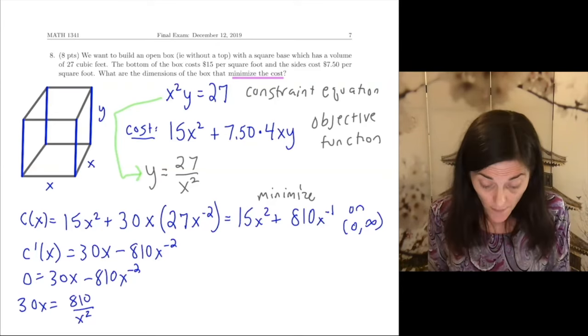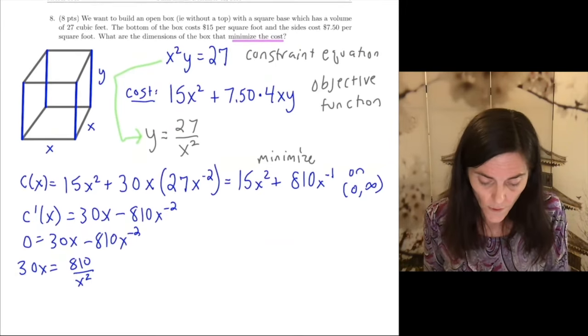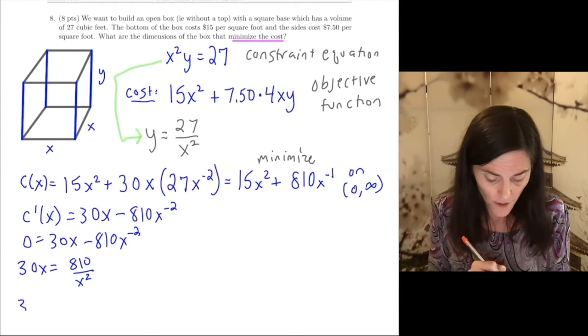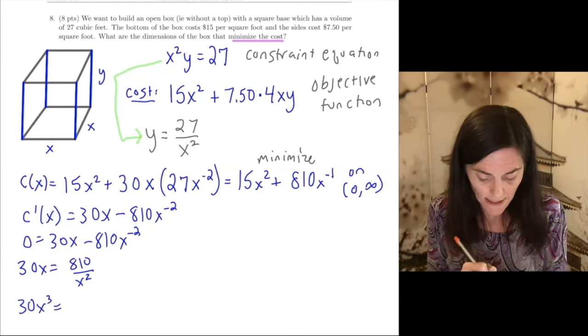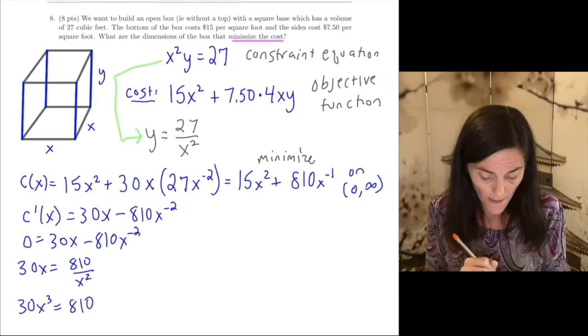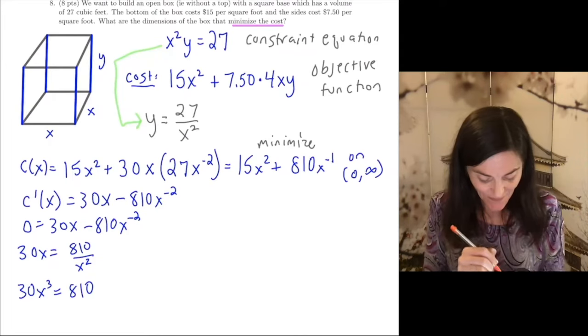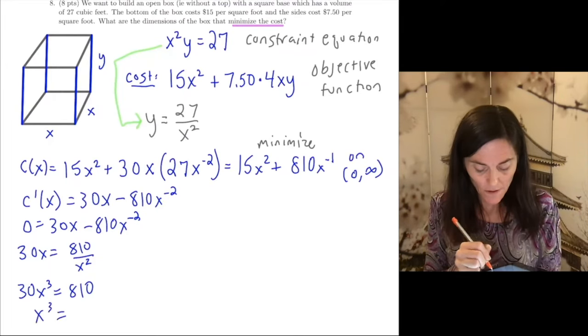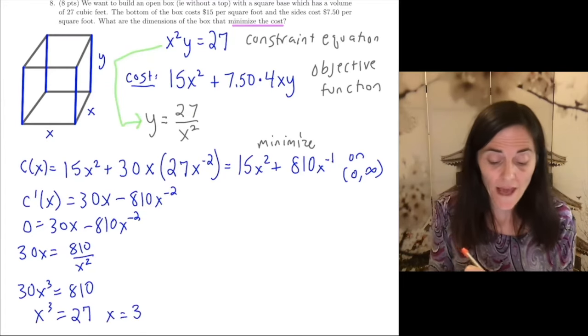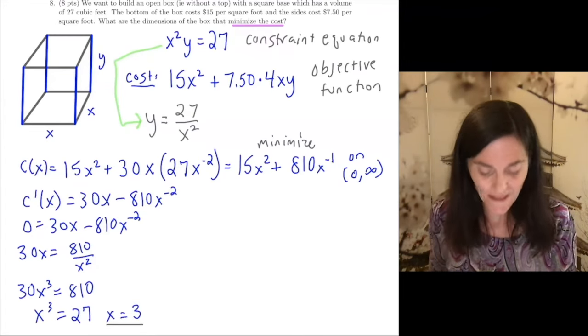Now, from here, what do we see? Well, we see that we must have 30x cubed is 810, or that x cubed is 27. And this means that x is 3. We have exactly one critical point.